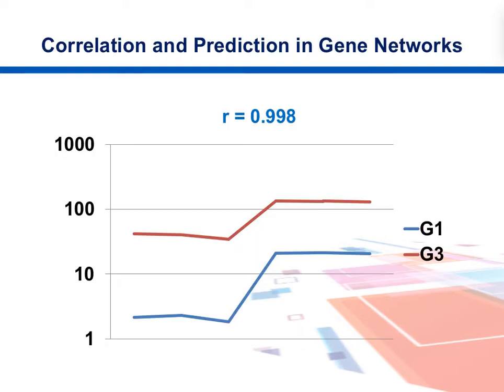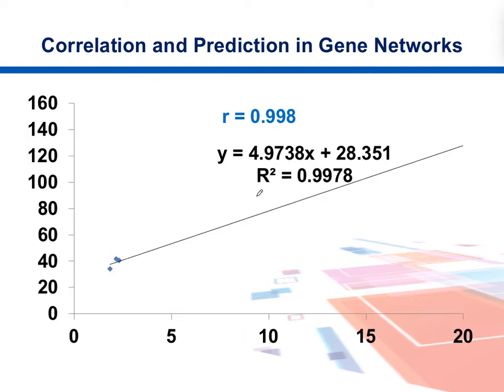How do correlation and prediction work in gene networks? For example, we have two genes and we draw their expression profiles, and we see that these two genes are expressed similarly. The y-axis is set in log scale because gene expression has a big magnitude of differences. The expression pattern seems similar. Our correlation between them is 0.998, a strong positive correlation. So they are co-expressed, gene 1 (G1) and gene 3.